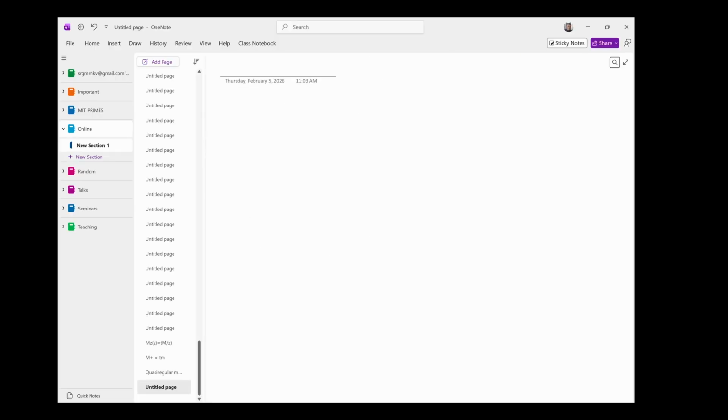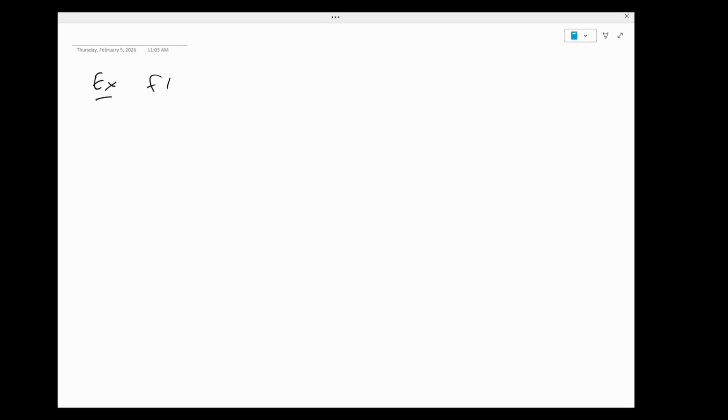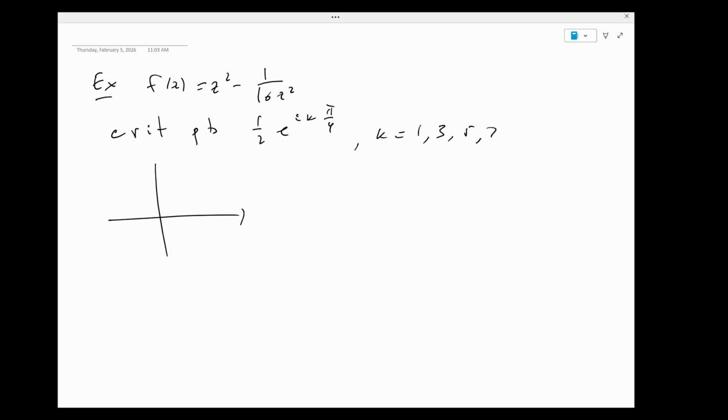Okay, one example of such a map, and that might be just the only example I remember off the top of my head, is f of z equals z squared minus 1 over 16 z squared. It has 4 critical points, and they are 1/2 e to the i k pi over 4, k odd: 1, 3, 5, 7. I'm just going to draw them.